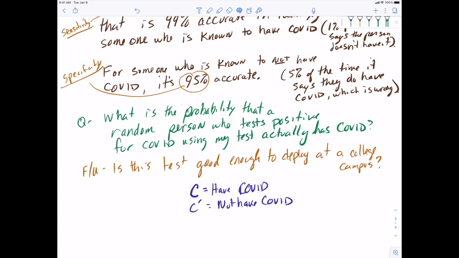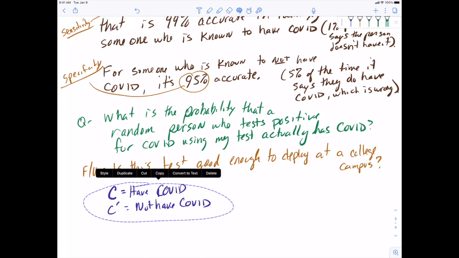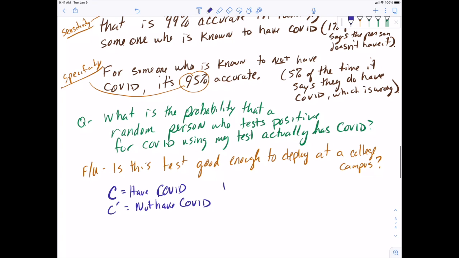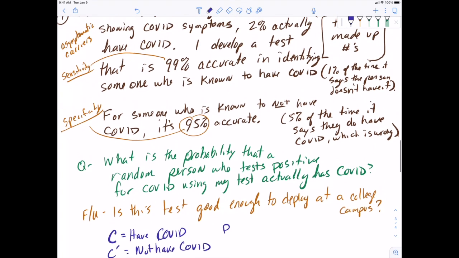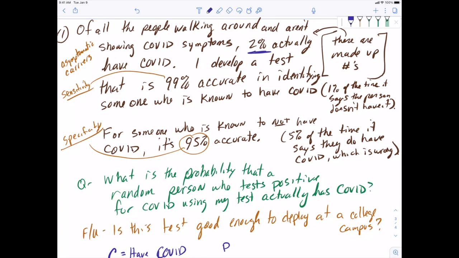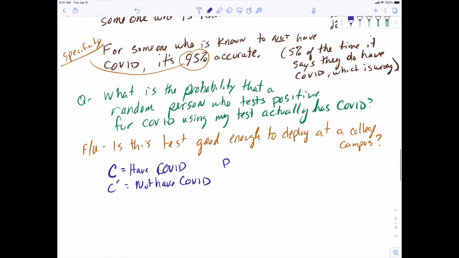These are some variables that we're just going to use. We know 2% of asymptomatic people have COVID, so the probability of C is 2%, 0.02. The probability of C prime then is 98%. You probably don't have COVID.